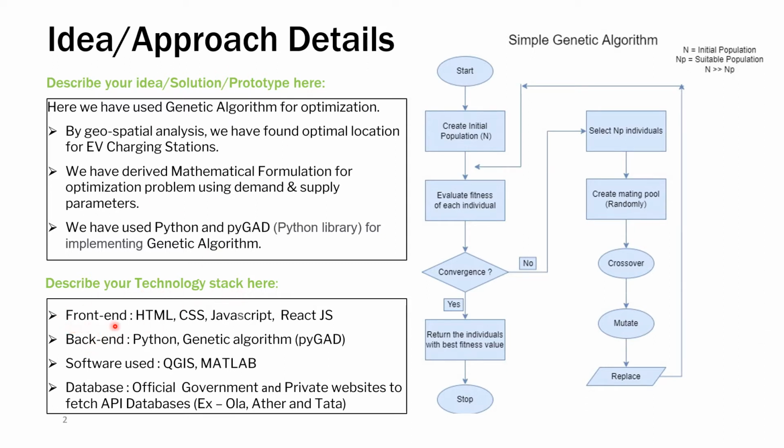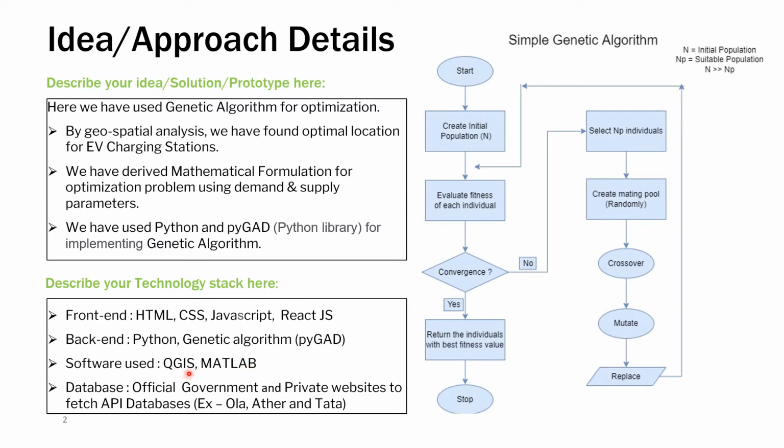In the front end we have used HTML, CSS, JavaScript, and React.js, and for the backend we have used Python and genetic algorithms, especially PyGAD. It is a Python library specially designed for genetic algorithms only. So we are solving this optimization problem using a genetic algorithm. We also use software like QGIS and MATLAB.